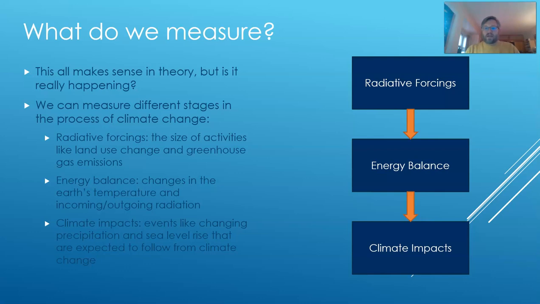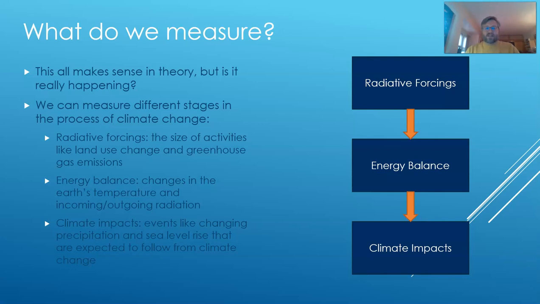Then we can directly try to measure the energy balance of the Earth, right? The balance between energy coming in from the sun, energy going out, the temperature of the Earth that keeps those things coordinated with each other. So we can measure that energy balance. And then we can measure the impacts of climate change.